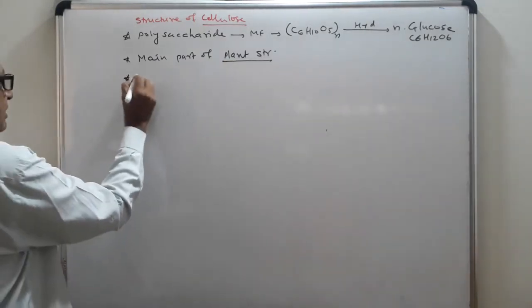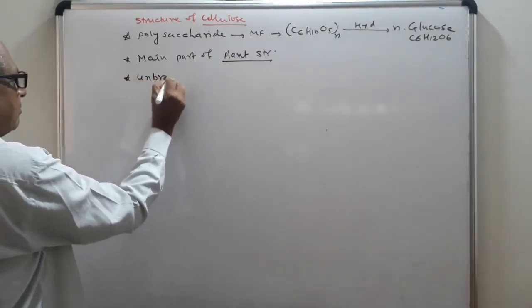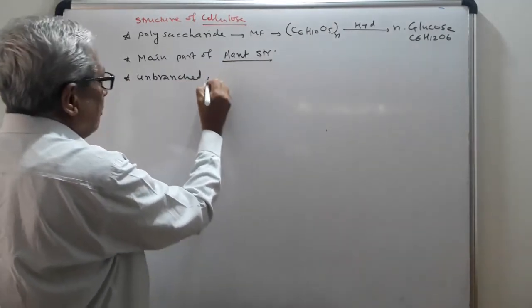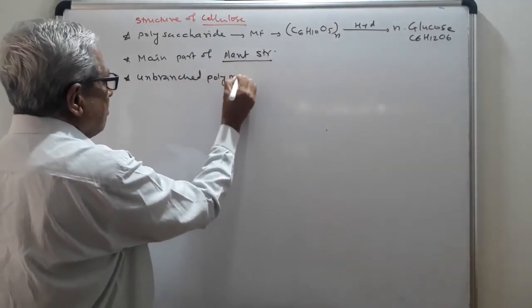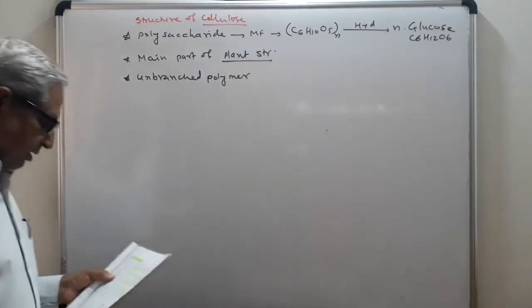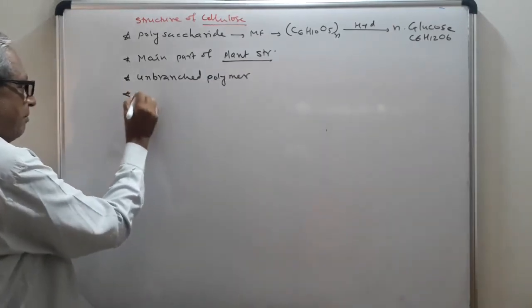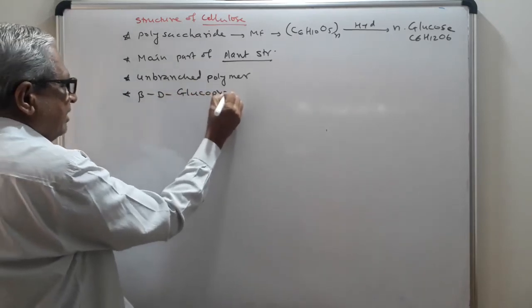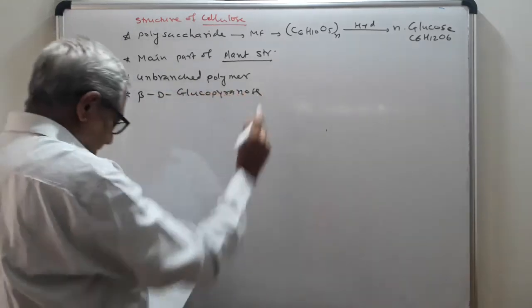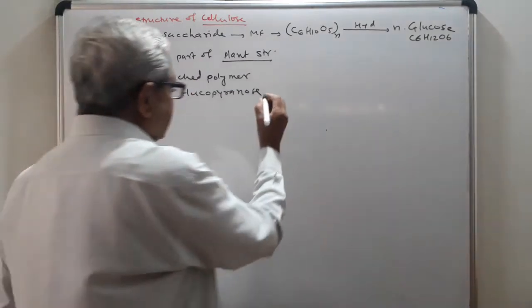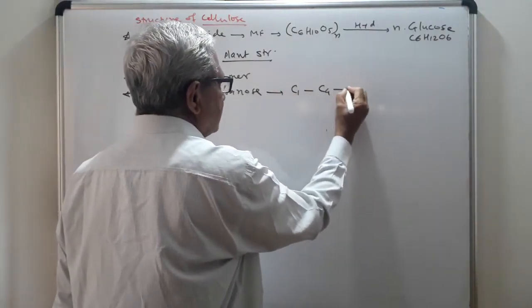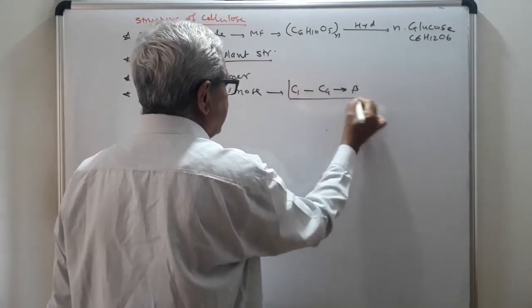Second thing, it is an unbranched polymer. It contains beta D glucopyranose ring between C1 and C4. So these are shortly denoted as beta D C1 C4.